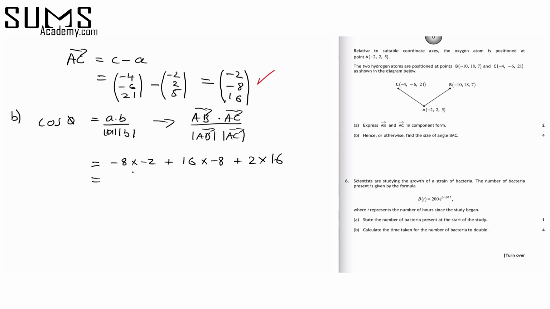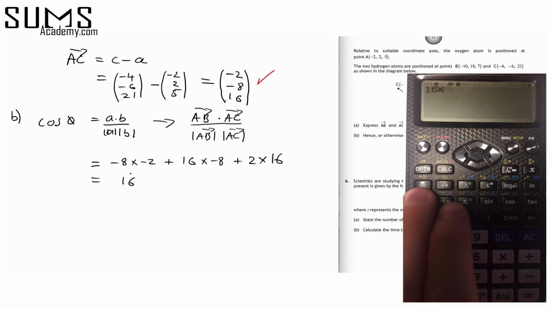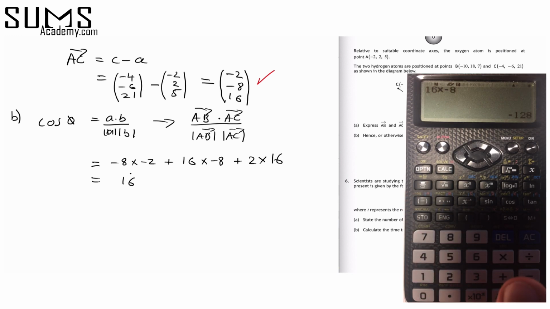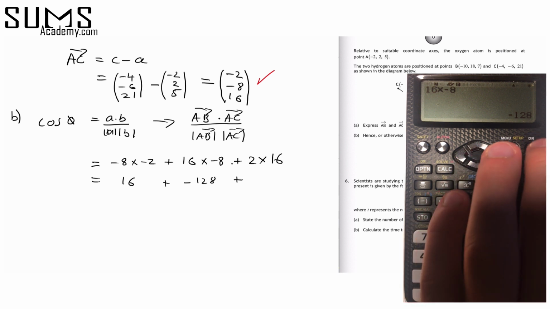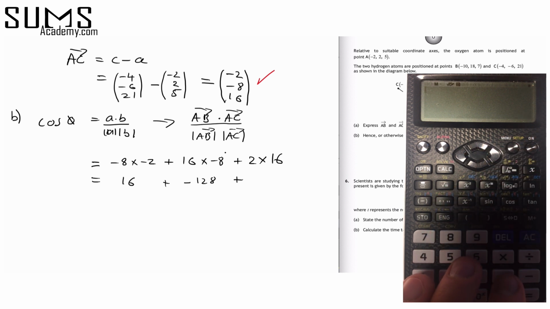So minus 8 times minus 2 is just going to be 16, and then 16 times negative 8 is going to be negative 128, plus 2 times 16 is 32. So when we put that together, it's 16 plus negative 128 plus 32 equals negative 80.